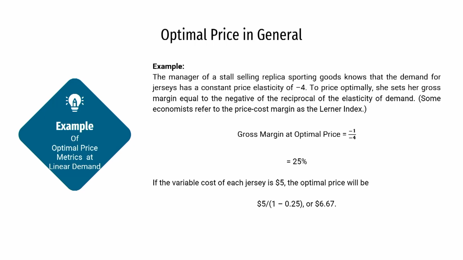So, P minus $5 divided by P is 25%. From this we can calculate the value of P. You can just put it as the equation and then calculate the value of P, which will come as $6.67. So, this is our optimal price given the price elasticity at the optimal price and given the variable cost of the product.